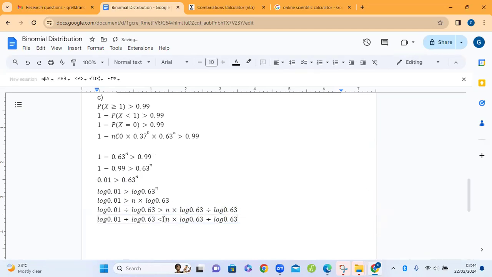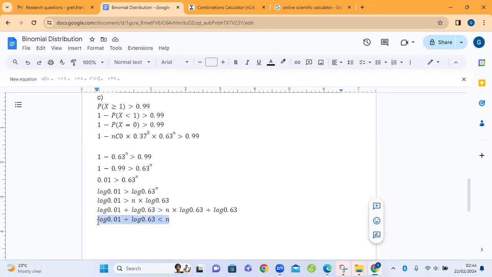So now the division has taken place. So we switch the direction of the inequality sign, as you can see. And we find what is log of 0.01 divided by log of 0.63. So n has to be greater than this number.